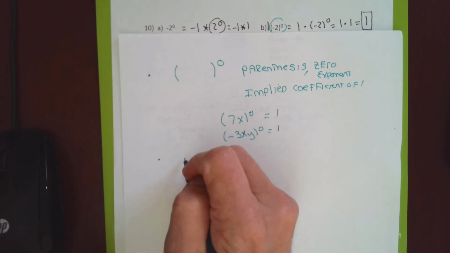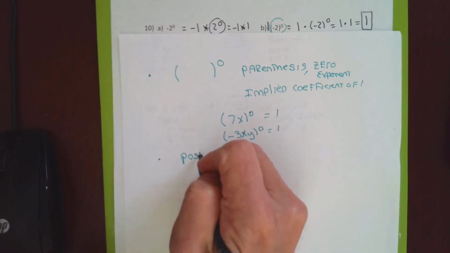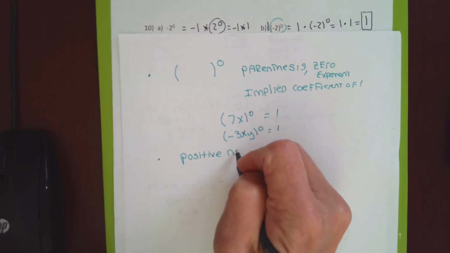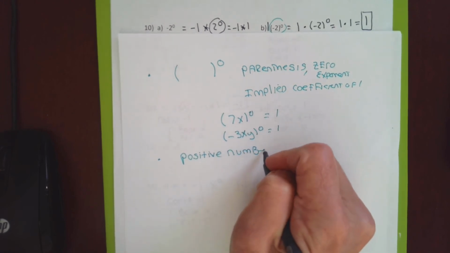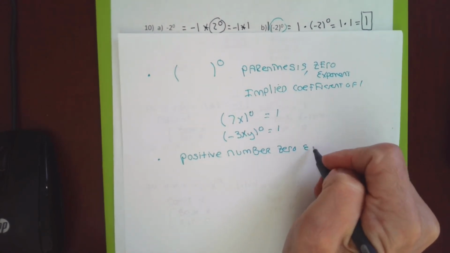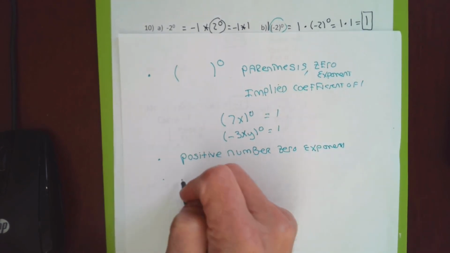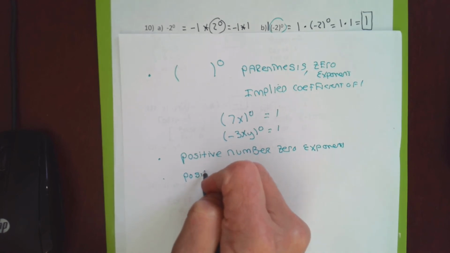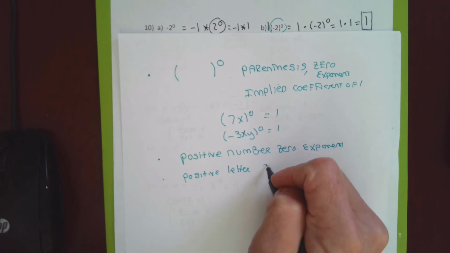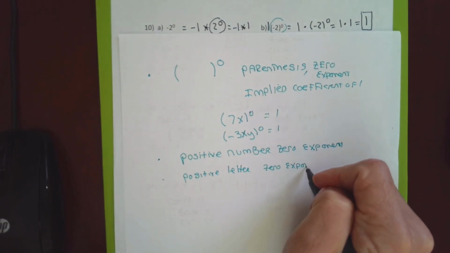The other big case is, this is the part that's not written so nicely, but in the non-parentheses problems, a positive number with a 0 exponent and a positive letter with a 0 exponent, those are guaranteed to equal 1.